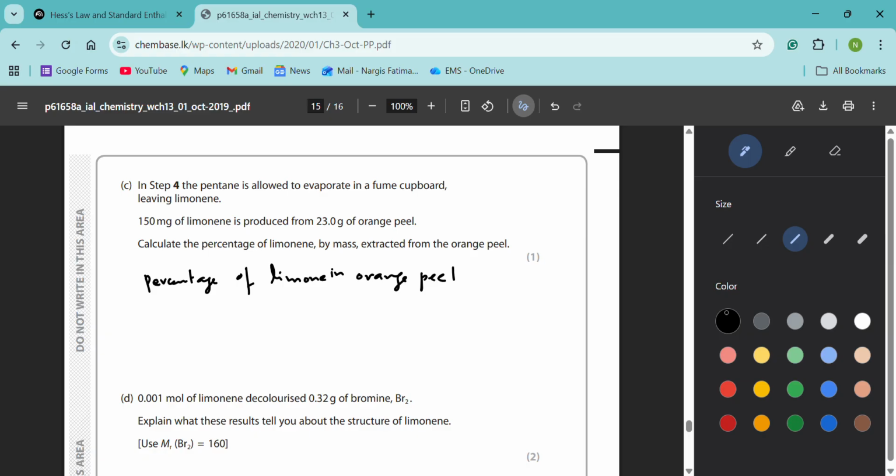So the total amount of orange peel is 23 grams, and we have limonene 150 milligrams. So first we will convert 150 milligrams into grams.